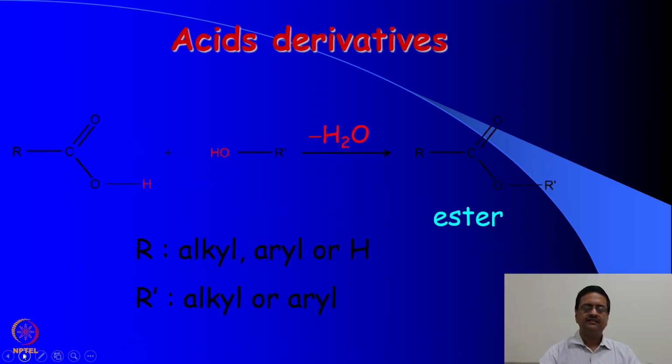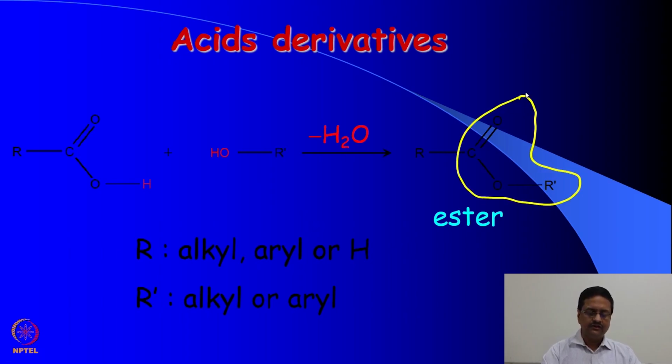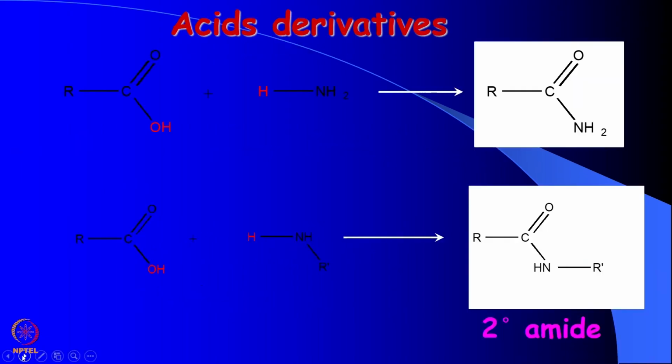The next type of acid derivative is the reaction product of an acid with the alcohol, where it forms an ester that you can see on the right. This linkage is called the ester group, which you may know has a very nice fruity smell to identify an ester. The other derivatives of acid can be amides.